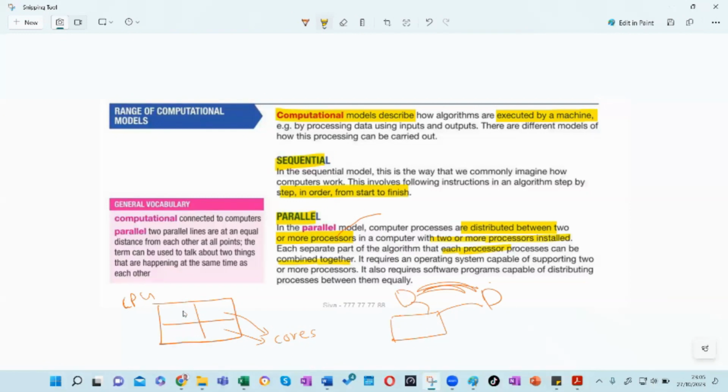It can be one core doing one whole program and the other core doing another whole program, or even the same program divided among these cores.